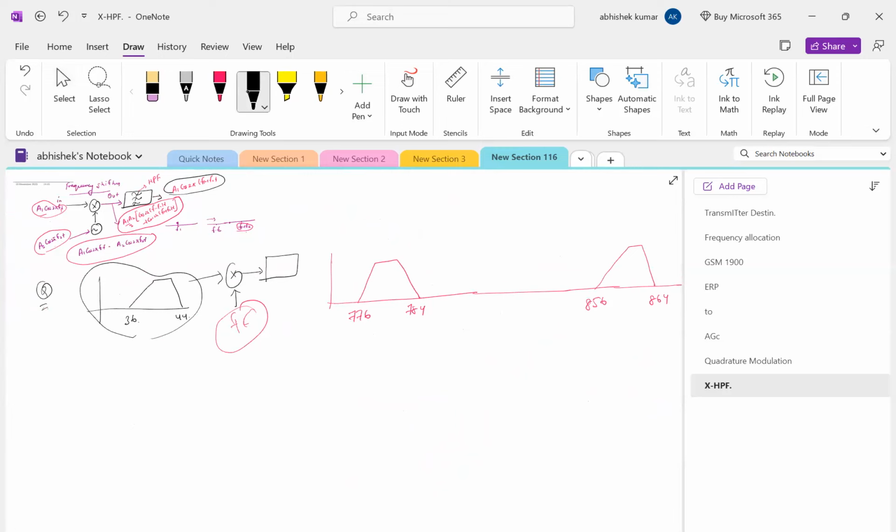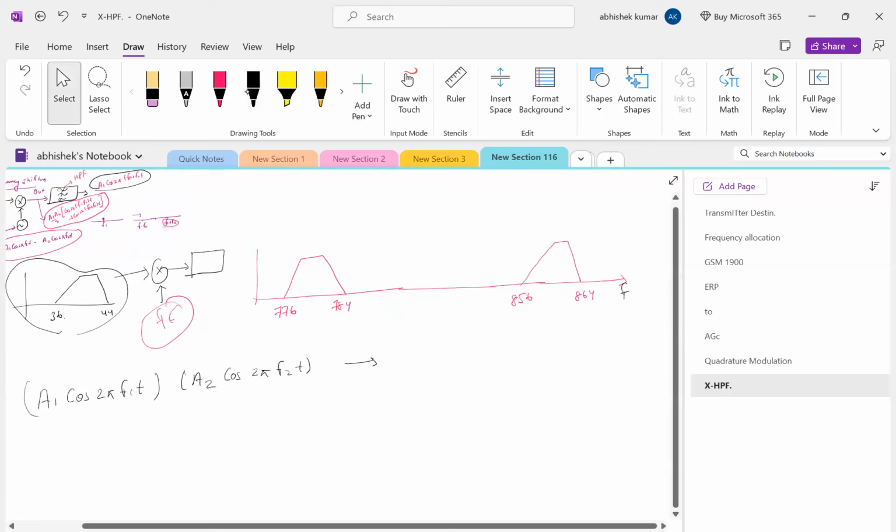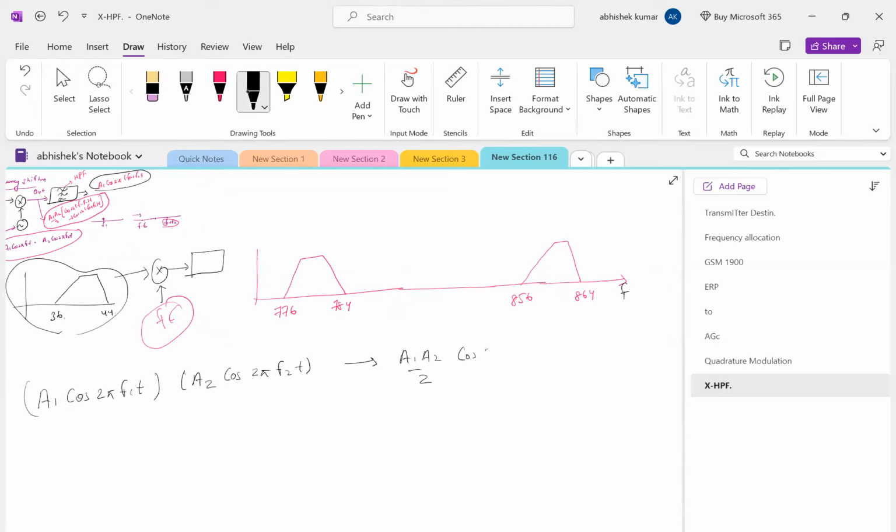See, I told you A1 cos 2 pi f1t, right? If I multiply with another frequency component A2 cos 2 pi f2t, I will get components A1 A2 cos 2 pi (f1 plus f2)t plus A1 A2 cos 2 pi (f1 minus f2)t.